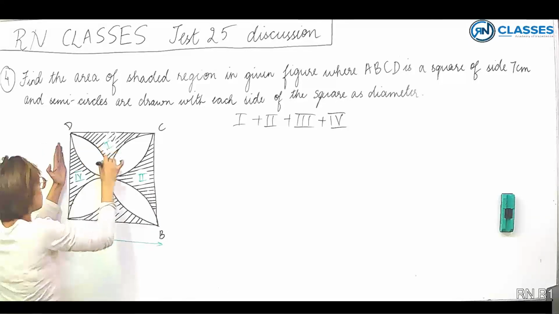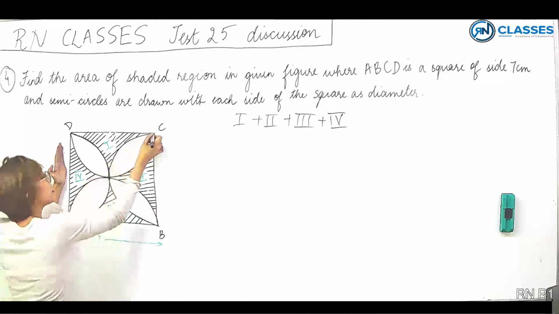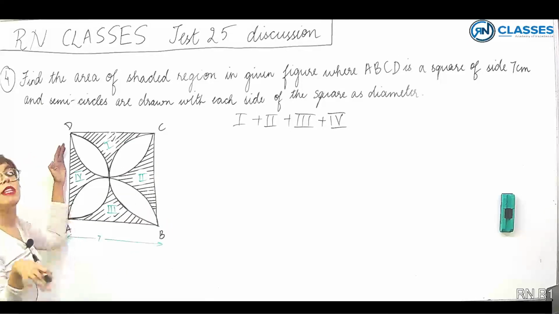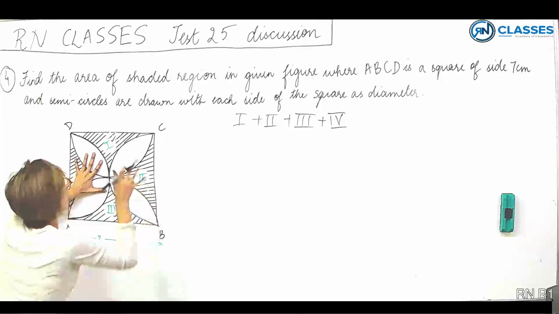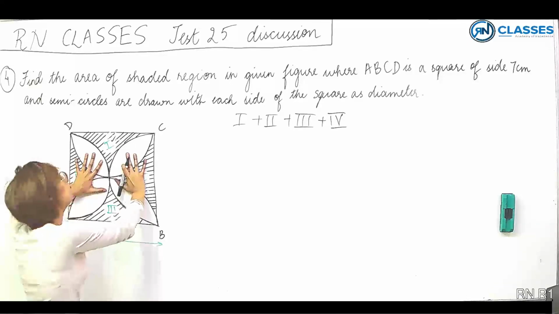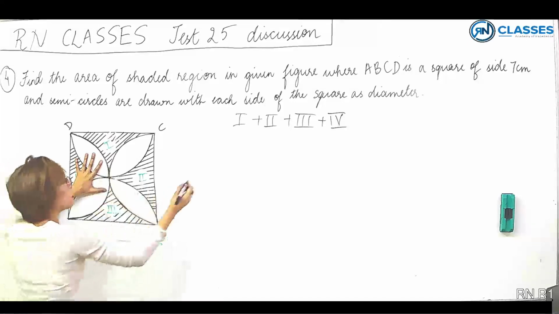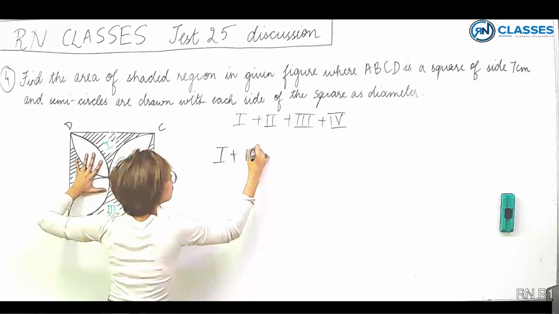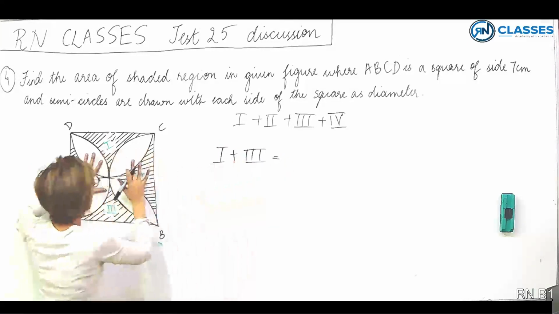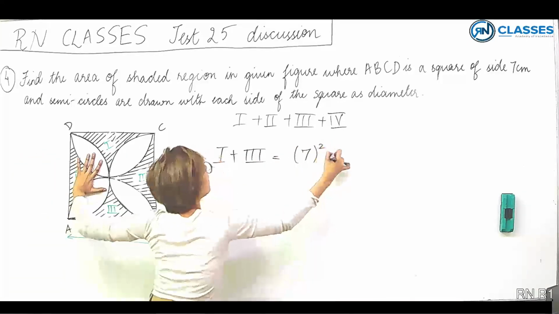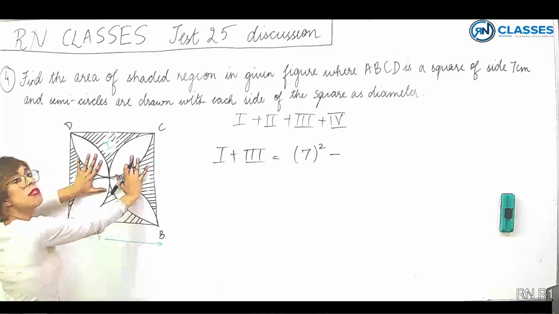So if I take this semicircle and this semicircle, from the area of the entire square, if I subtract this and this, I'll be left with 1 and 3. Right? So 1 plus 3 is equal to what? 1 plus 3 is equal to area of the square, which is 7 square, minus area of these 2 semicircles.